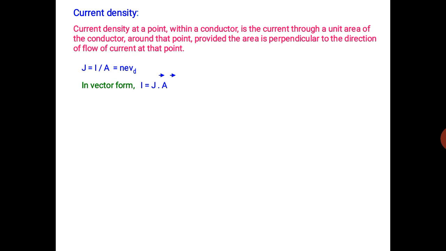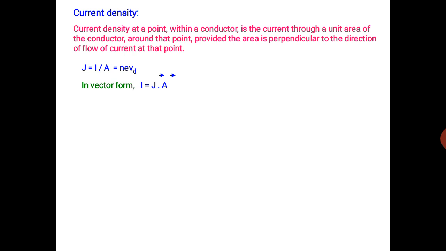We can write the current as the dot product of J and A. Suppose the angle between J and A is 0, that is, the normal to the area makes an angle 0 with the flow of current.